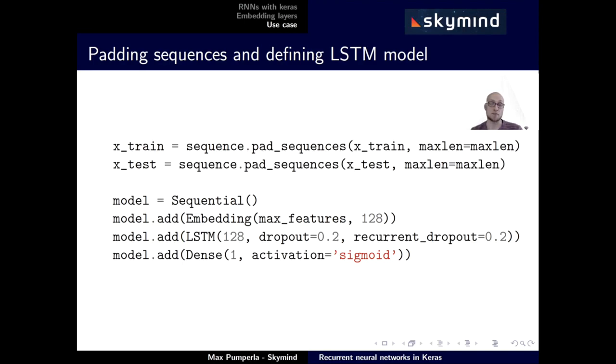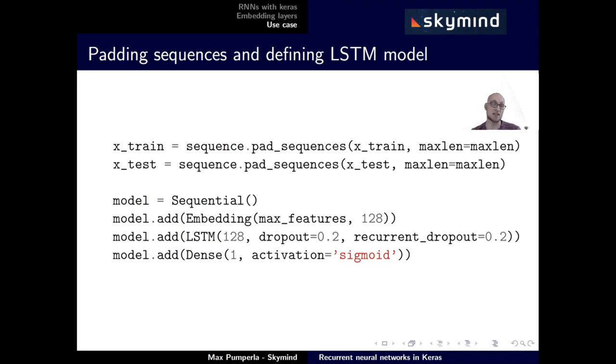Next, we initialize the sequential model and add an embedding layer with the given maximum number of features and 128 output dimension. This then connects to an LSTM layer, also with 128 output dimension, and we also specify a 20% dropout rate for both regular and recurrent weights.